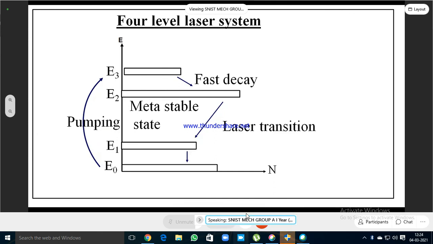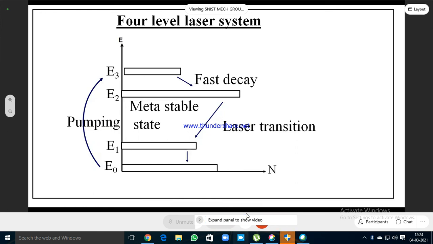You have to make use of whatever energy levels and pumping mechanisms are there here, and explain what is happening in the four level laser system. Write in your own words, because you already know how to write the three level laser system. Everything is the same. Can anybody tell what is happening?